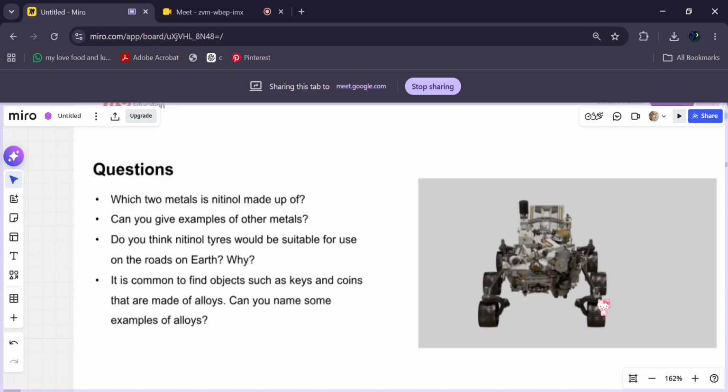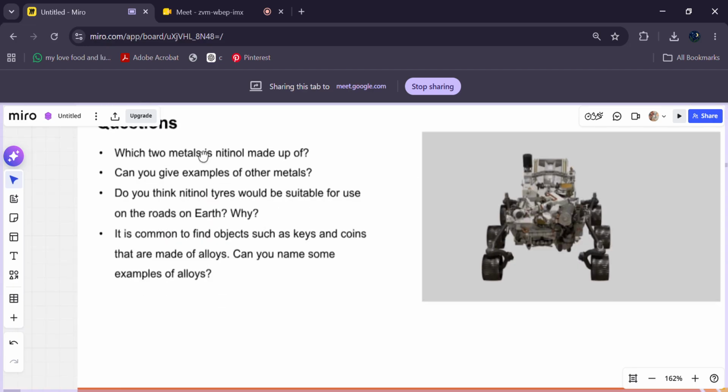So when they roll over sharp rocks, they get deformed, but they return to their original shape. Thus, the tires will not get damaged easily. This is why they use nitinol. An alloy is a metal created from two different metals to produce specific properties.